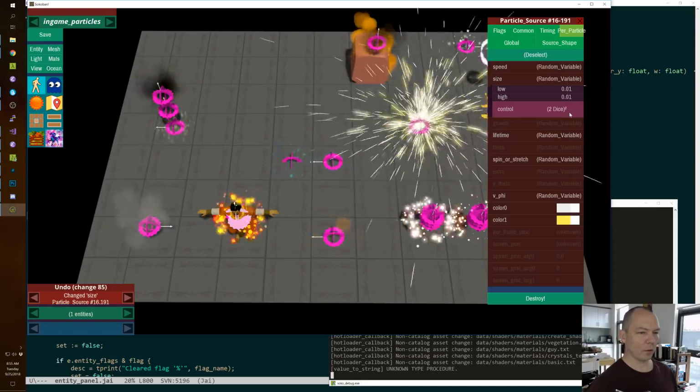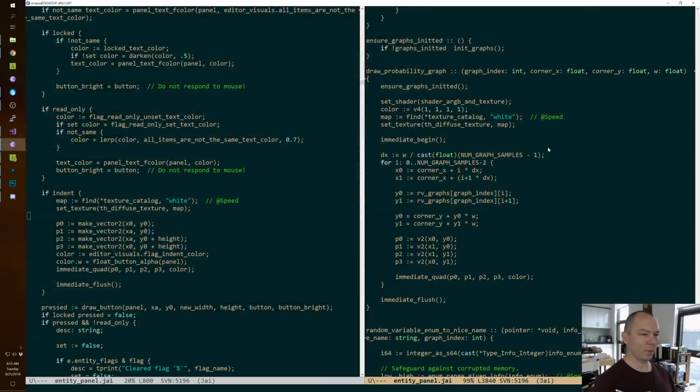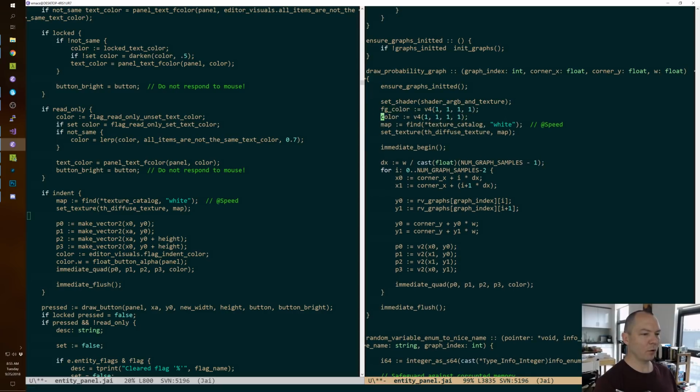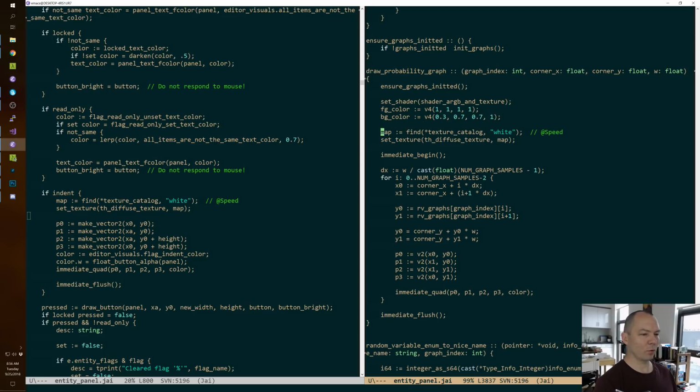Okay, so we have a couple things. Let's make our graph a little more sophisticated. We're going to do a foreground color and a background color. The background color is going to be a cyan-ish. We'll tweak that later.